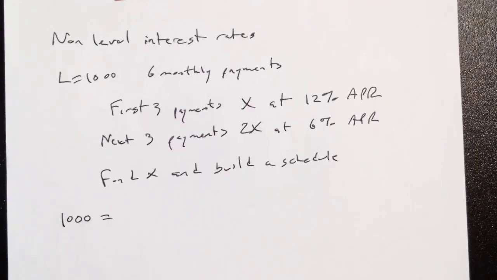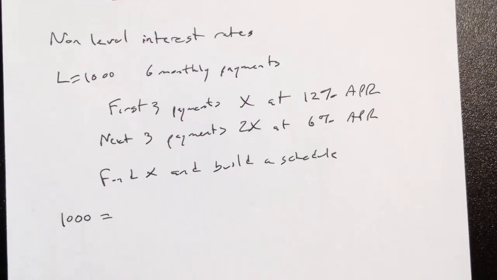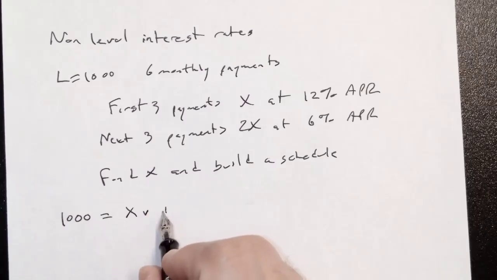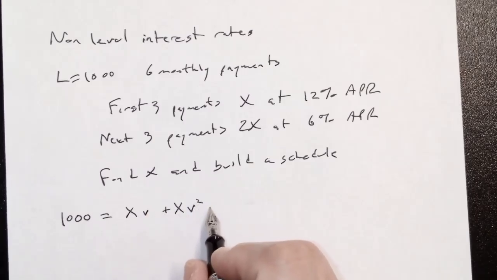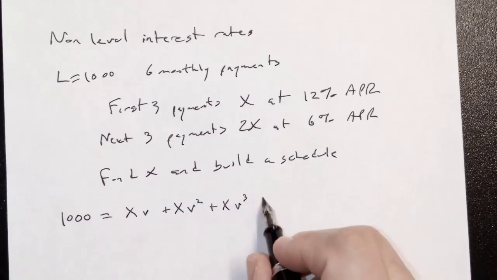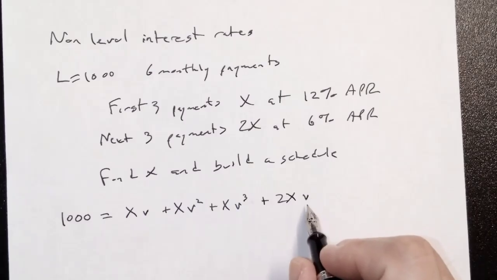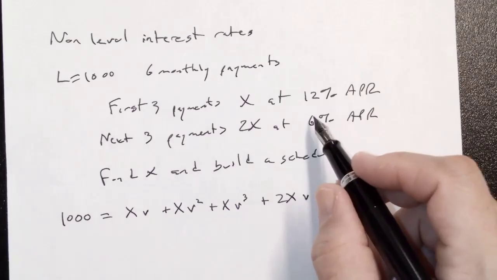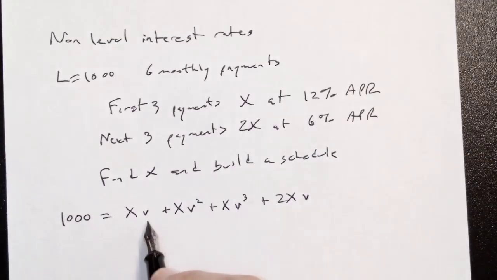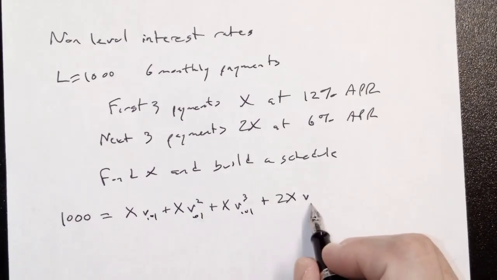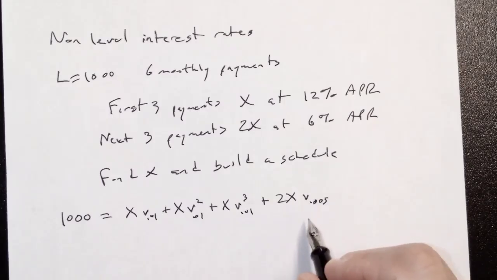So, Maria, let's walk through this the way you set it up before. First payment, second payment, third payment, fourth payment. Wait a second, I have a problem here. I've got two different rates. This payment was made at an interest rate of 0.01. This one is 0.005.